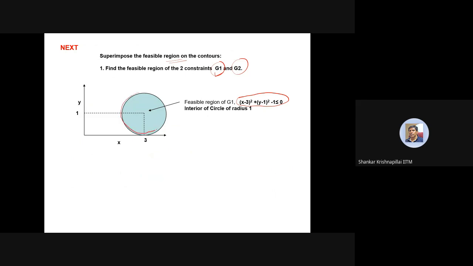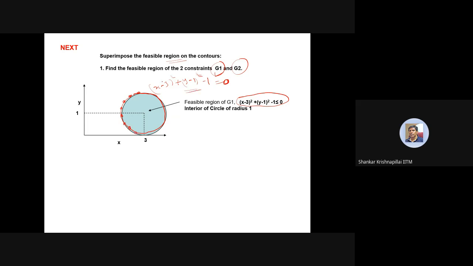What you see here is the boundary. The boundary is actually (x minus 3) whole squared plus (y minus 1) whole squared minus 1 equal to 0. So all points on the boundary satisfy this equation.